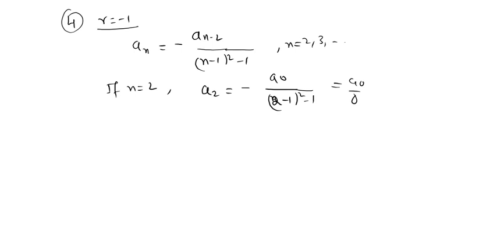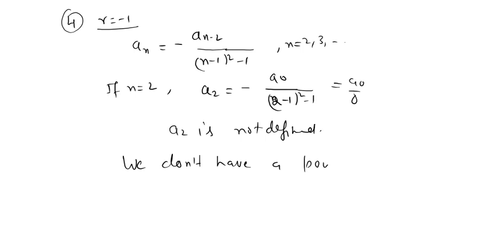So we cannot calculate; a2 is not defined. So you cannot proceed further with this r using power series. We don't have a power series solution of the form x^(r minus 1) times the sum from 0 to infinity of p_n x^n.